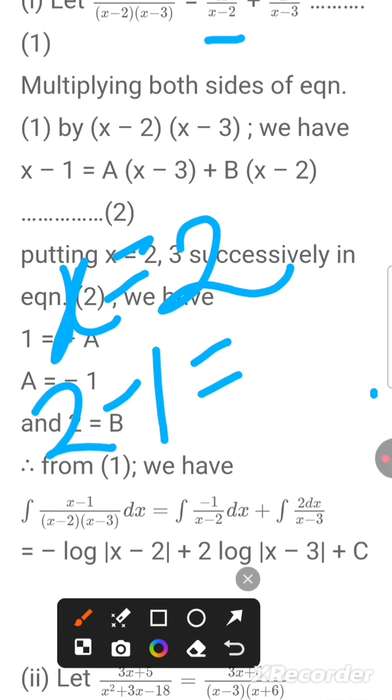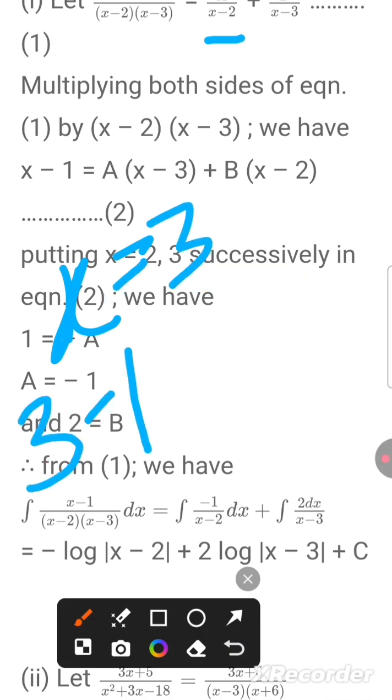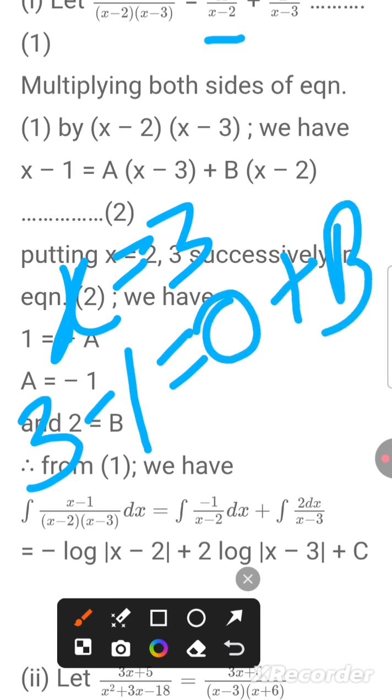That was fine. Now to find the B value, we put the x value as 3. So by putting x equal to 3, we get 3 minus 1 is equal to 0 plus B. So B would be 2.